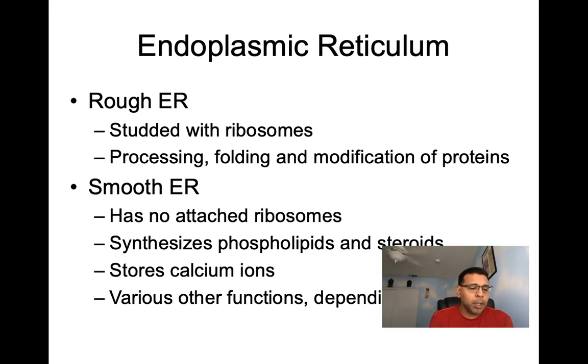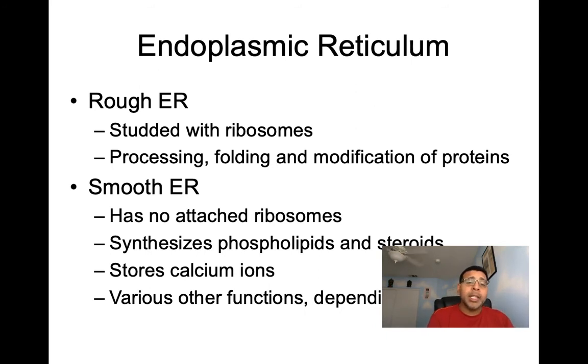Now, when we talk about the endoplasmic reticulum, I'd like you to know that it is a complicated system of channels and sacs. It is physically continuous with the nuclear envelope as we have described.